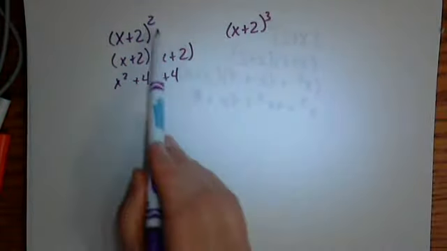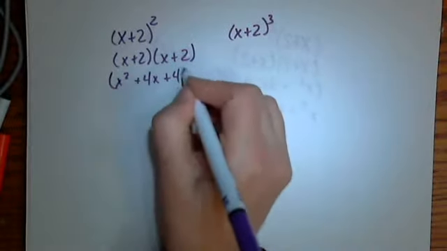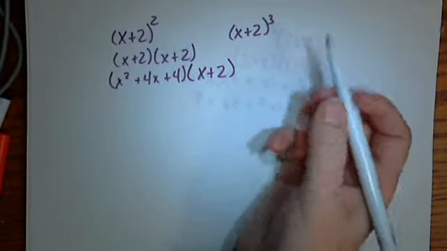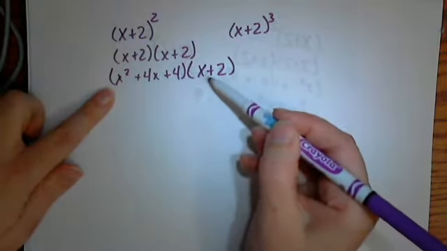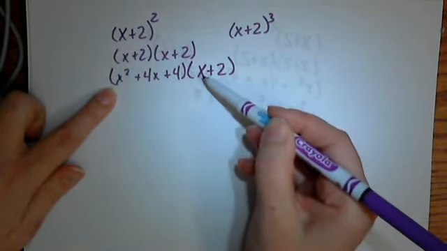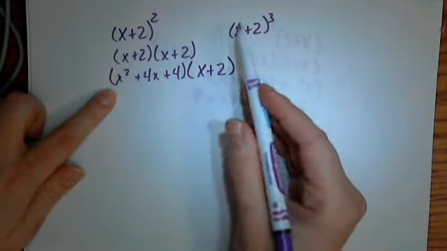So then what we do is we take the squared product and we multiply that again by that same x plus 2. So to do this, again, we have to use essentially FOIL again, but this time since we're having three terms, FOIL doesn't quite work. We're just going to use the distributive property.